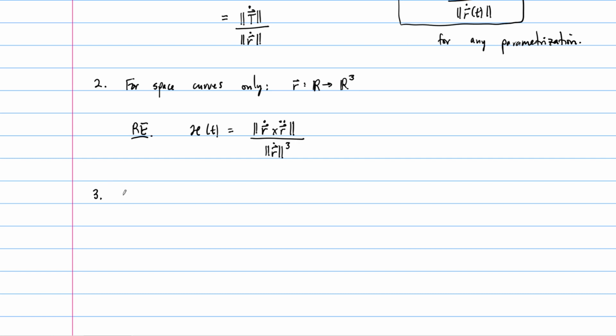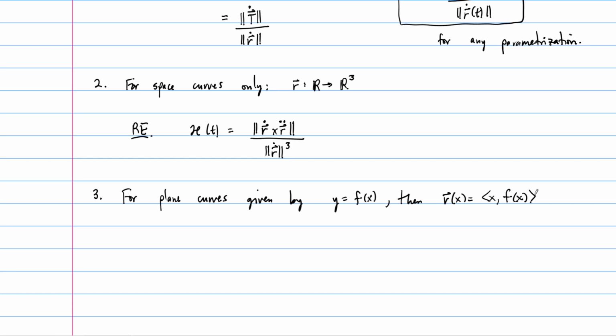Here's another one. What if our space curve is actually a plane curve given by the graph of a function? So for plane curves given by something like y equals f of x, our parametrization can be written in terms of x. It can just be written as x comma f of x.